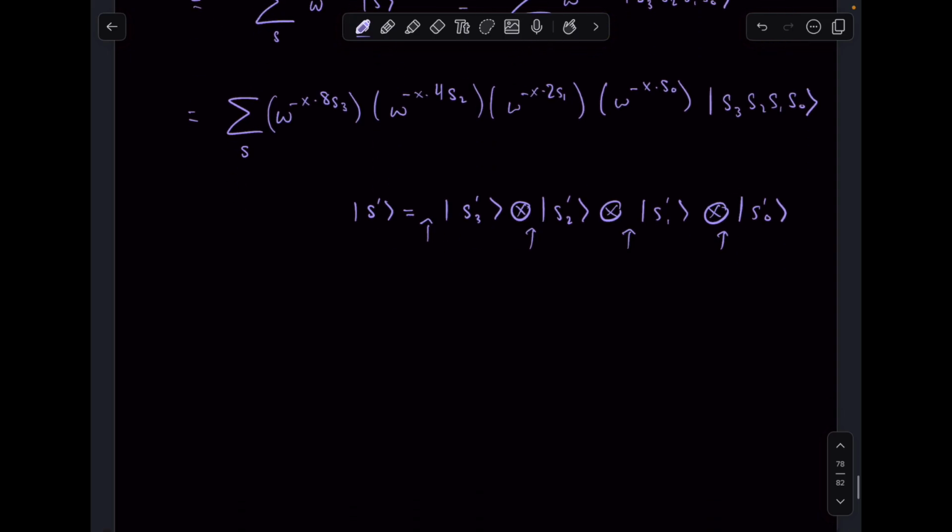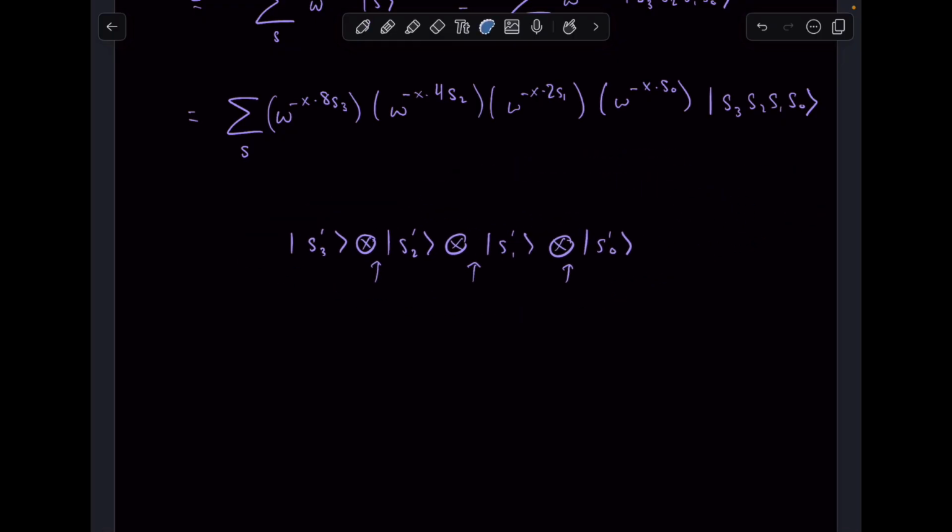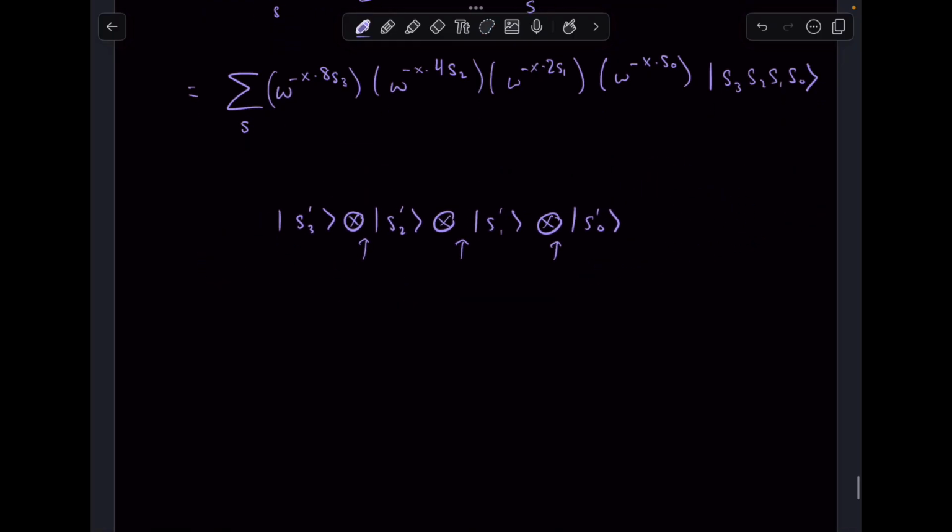So in particular, in front of S3 here, and let me move this over here. So in front of S3, what we're going to have is the 16th root of unity to the minus 8 times x, or minus 8x, and then conditioned on the actual value of S prime 3.